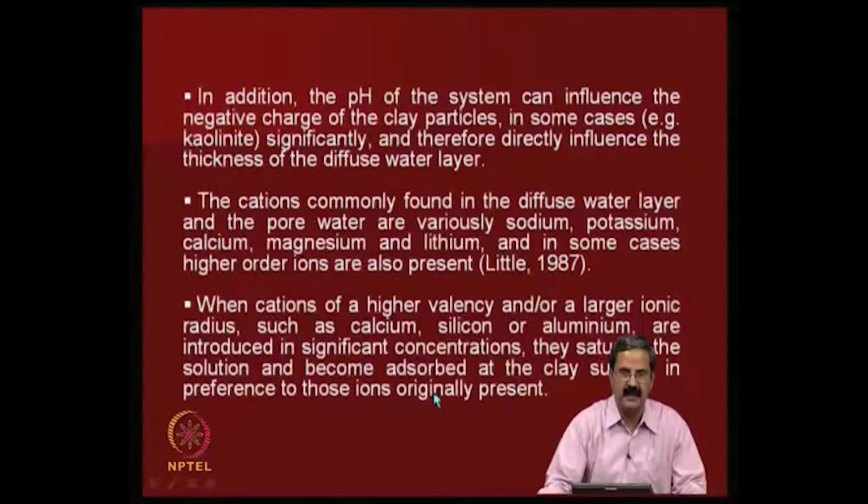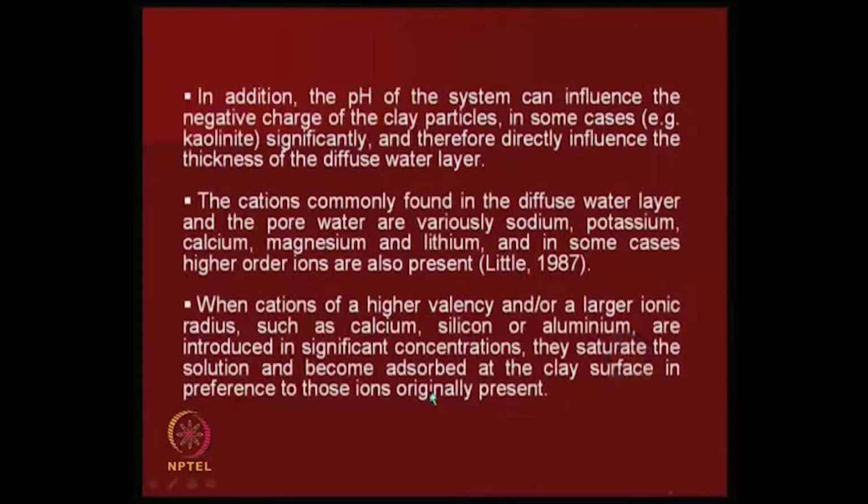So, in fact, they replace the ions and they really dominate the behavior. For example, if there is some sodium present and you saturate with calcium, the behavior of the total soil will be towards a calcium based soil. In the case of sodium based soil, the liquid limit will be very high, maybe 300% or something, but when it is saturated with calcium it could reduce to about 80%. So, this is important.